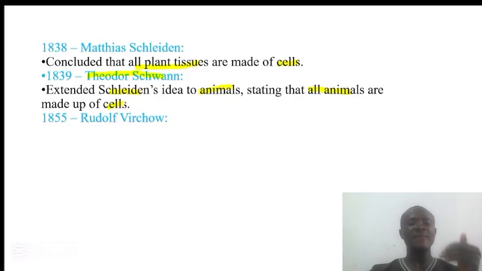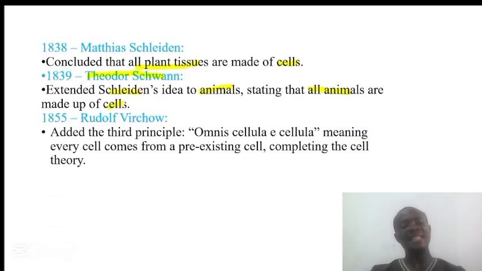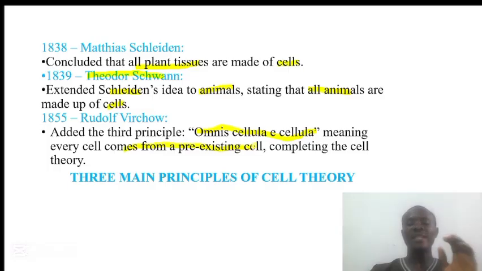In 1855, Rudolf Virchow added the third principle, which he stated as omnis cellula e cellula, meaning that every cell comes from a pre-existing cell. So he completed the cell theory. Let's talk about the three main principles of cell theory.